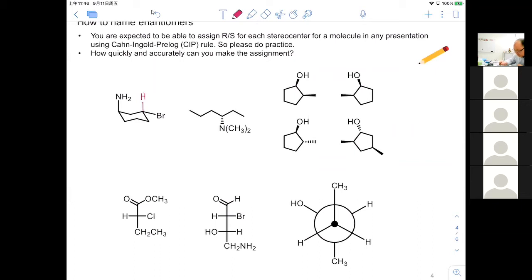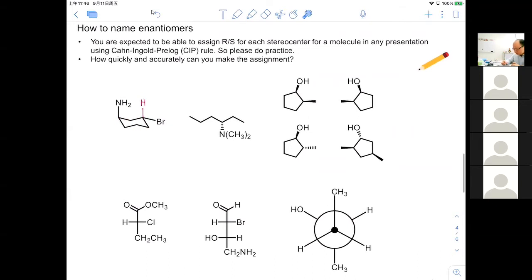Then you can see that for this carbon, bromine is biggest, hydrogen lowest. Then you just need to compare this one and this one. For the perspective drawing, this is also very easy. In your mind, you just make up a hydrogen here, because we didn't draw it. Then you know the stereocenters, and you can make that assignment.